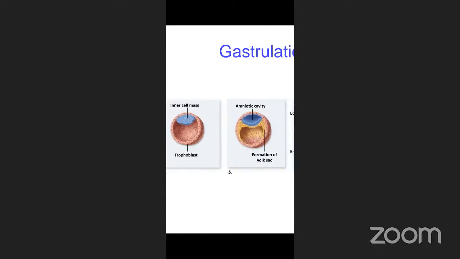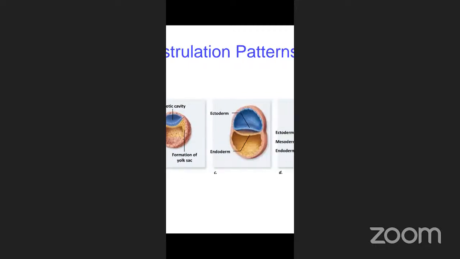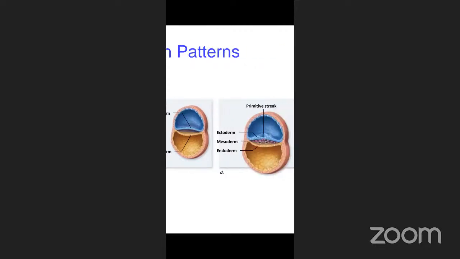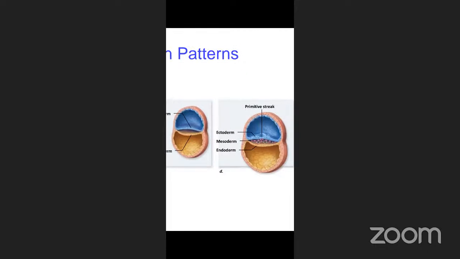In the inner cell mass, it will form an amniotic cavity, which will hold the amniotic fluid, and it will form the yolk sac in between. The blue amniotic cavity will form the ectoderm, and below that it will form endoderm. At the center, we see the primitive streak, where the mesoderm is formed.